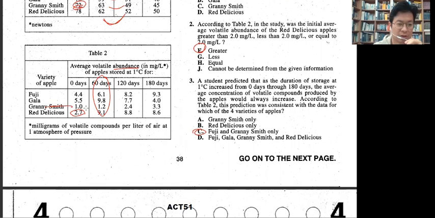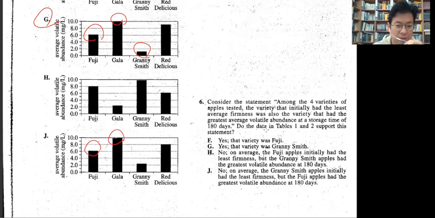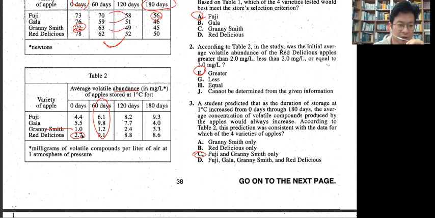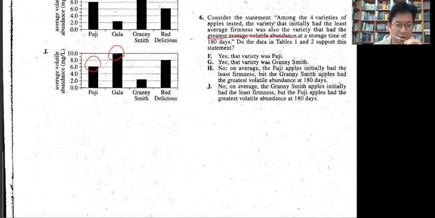And Granny Smith is this 1.0, but it increases to the greatest average volatile abundance. Still least, right? So it's no. Average volatile abundance at the end, 180 days, looks like Fuji is the most abundant. So it's supposed to be no. Yeah, J.